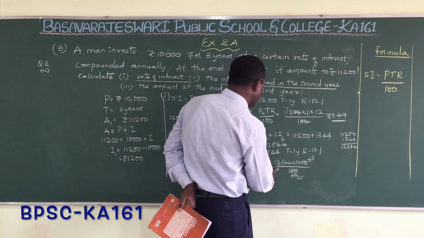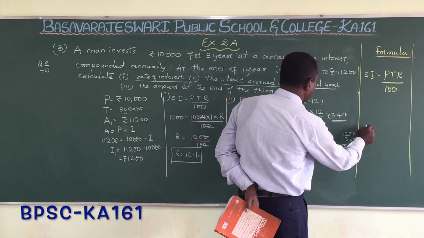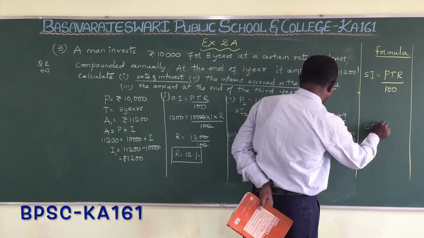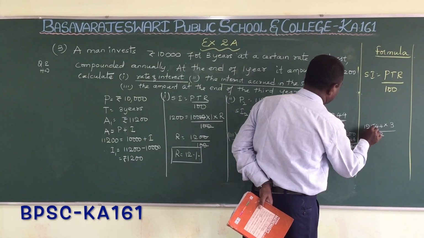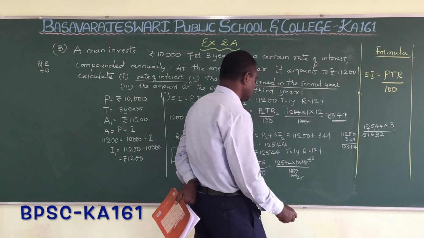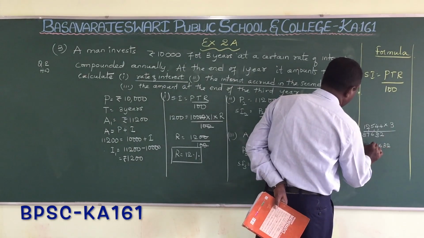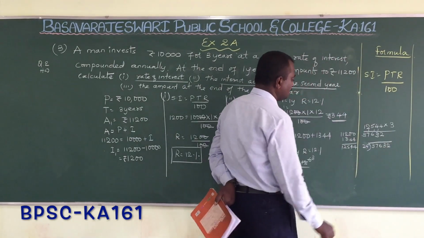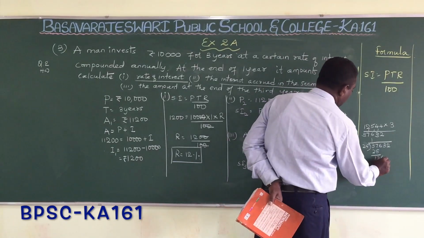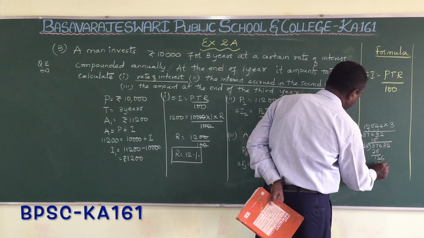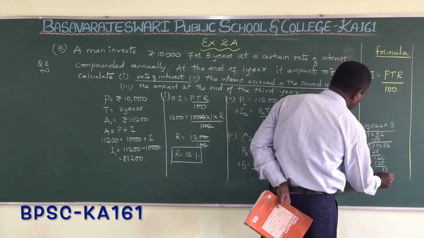Any other cancellations here? 5 and 2 do not cancel, so we have to multiply. 12,544 into 3 is 37,632, divided by 25. 25 ones are 25. 25 fives are 125.